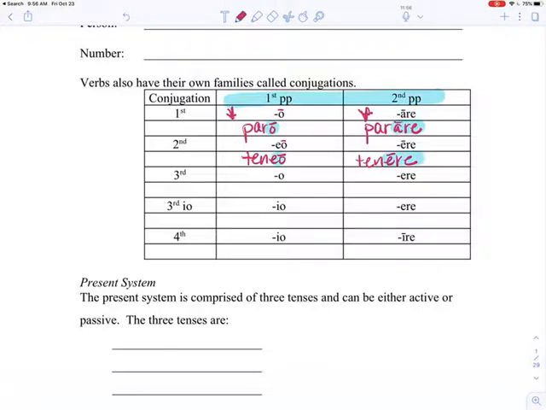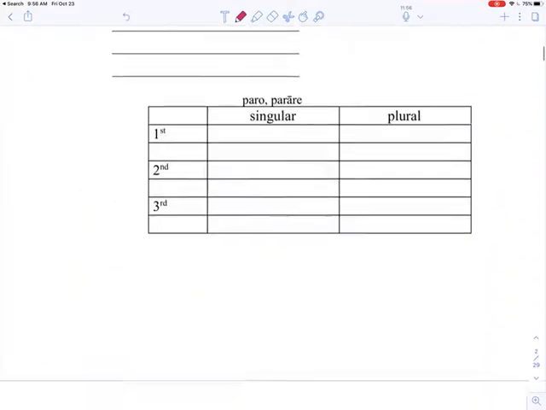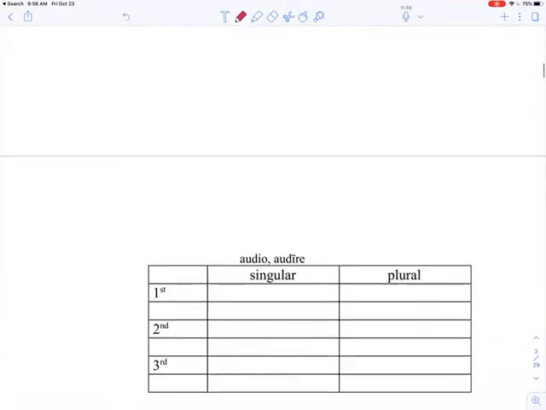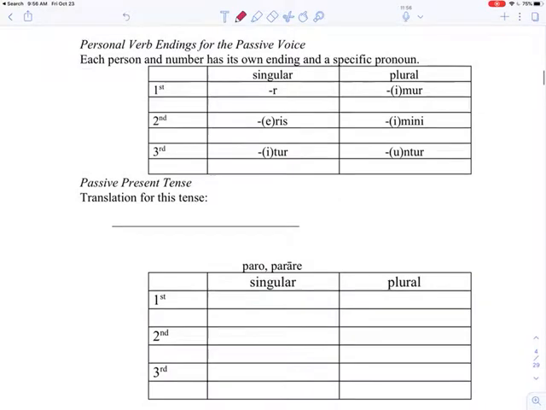Okay, so let's go to present passive. And we still have three other conjugations to learn about, but that will come soon enough. Okay, now these are the endings for the passive voice for the present, the next tense that we'll learn, which is called imperfect, and then the tense after that we'll learn, the future.